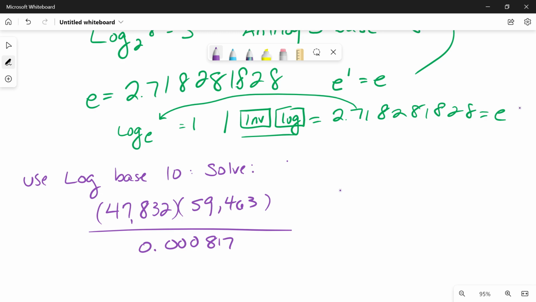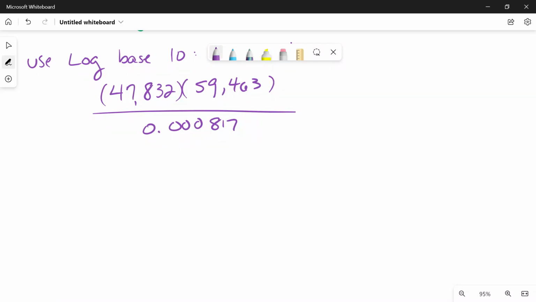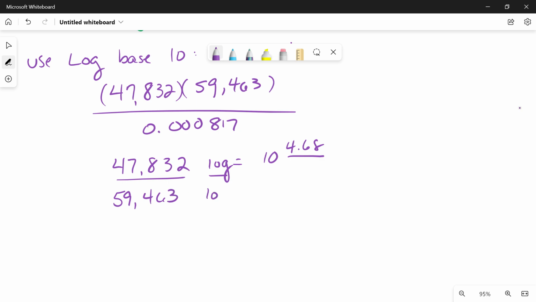Okay, so if I look at the 47,832, the log is going to tell me that this is 10 raised to the 4.68. So you enter in this number, you hit the log, and you get that number right there. If I look at the 59,463 and find the log of that, it is 10 raised to the 4.77.